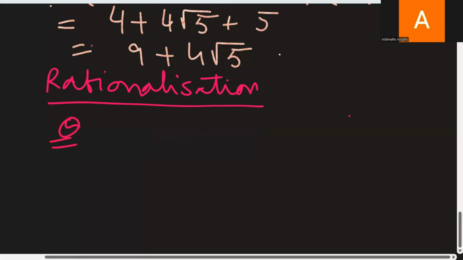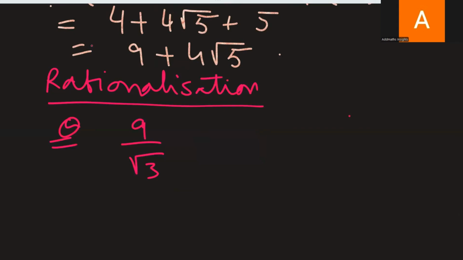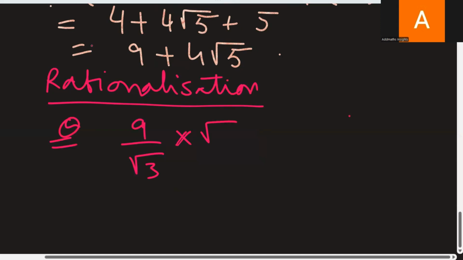if your question is of the type 9 over root 3, we start from the simple one. You see root 3 is an irrational number. To change it into a rational number, you multiply and divide by root 3. The same thing.